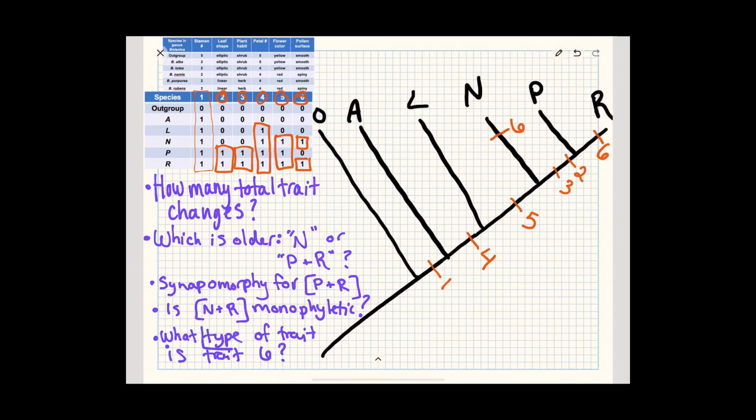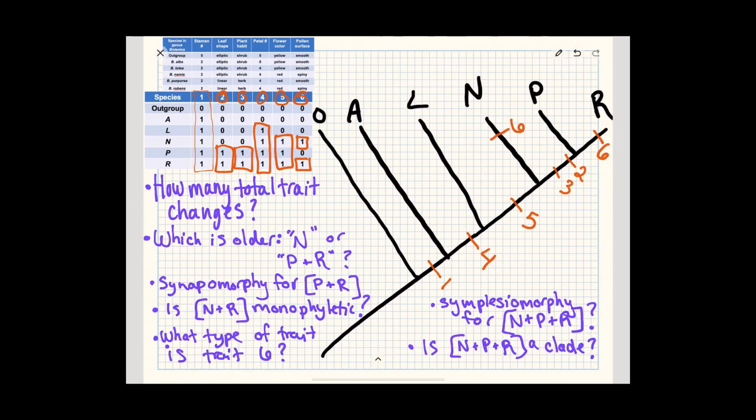No. But what type of trait is trait 6? Even though it's found in N and R, it's not a synapomorphy. It's a homoplasy. All right, well, what's a symplesiomorphy for the group NPR? Well, looks like we've got trait number 4 or trait number 1 would be a symplesiomorphy for group NPR. And NPR is indeed a clade because it's all of the descendants of a single common ancestor.